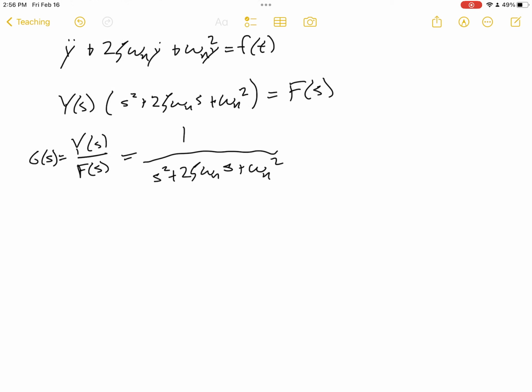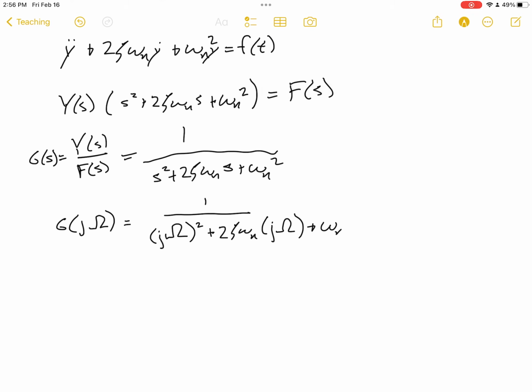Well, then let's go ahead and plug in g of j omega, and I'll use capital Omega because this is the driving frequency of the system, equals 1 over j omega squared plus 2 zeta omega n times j omega plus omega n squared.